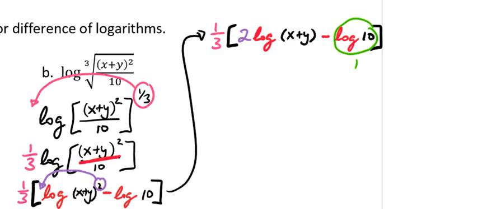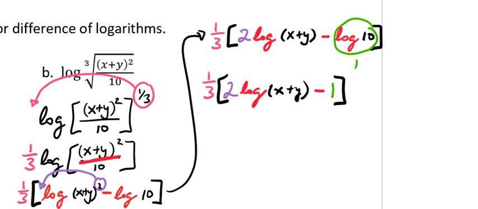So we can then rewrite this as 1/3 times 2 times the log of x plus y minus 1. Then from here, all we need to do is distribute that 1/3. So our 1/3 is going to distribute to this term and to this term.